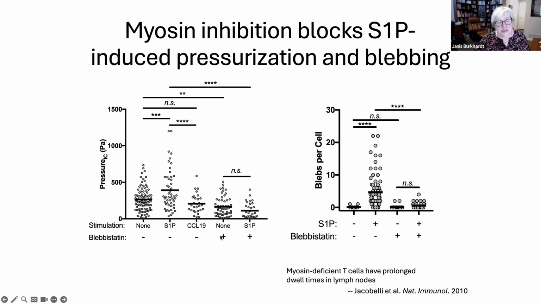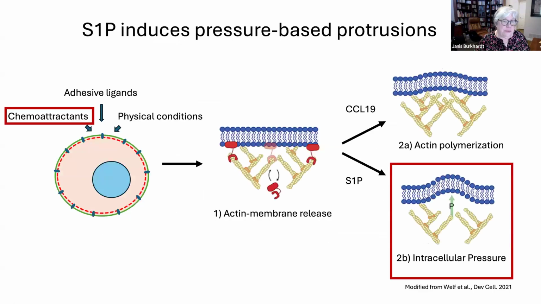So based on that, Tanner looked at the question of whether myosin activity is actually driving this pressurization, and could show that it is, because if you stimulate the cells with S1P in the presence of blebbistatin, you don't get this increase in pressure and you don't get the formation of the blebs. So that put us here, where you have a chemoattractant signal, in this case a lipid chemoattractant, that's regulating membrane cortex release and driving increased intracellular pressure as the protrusive force.